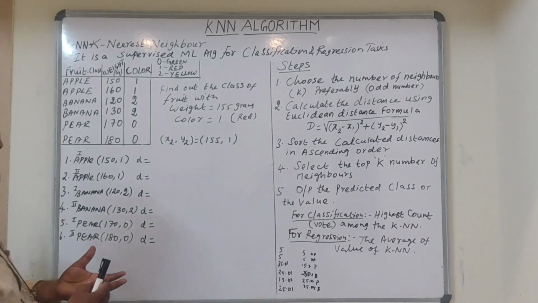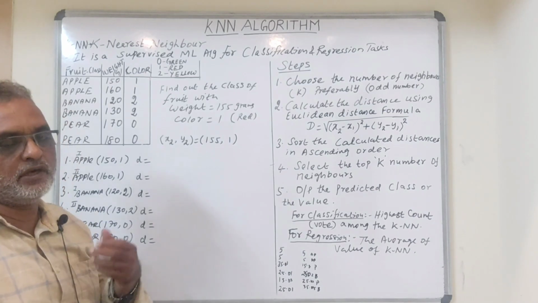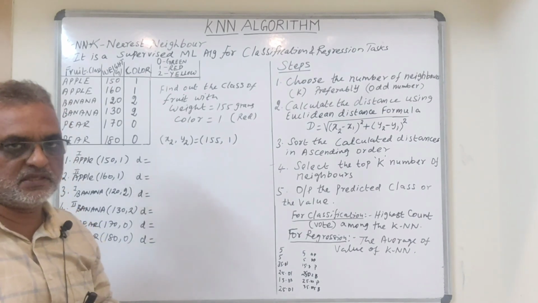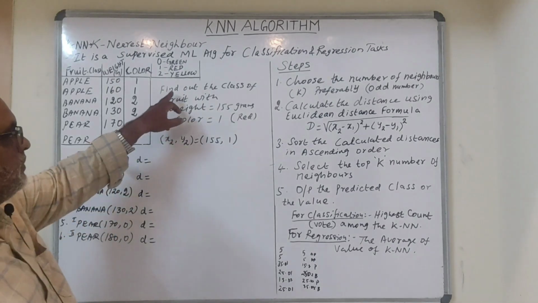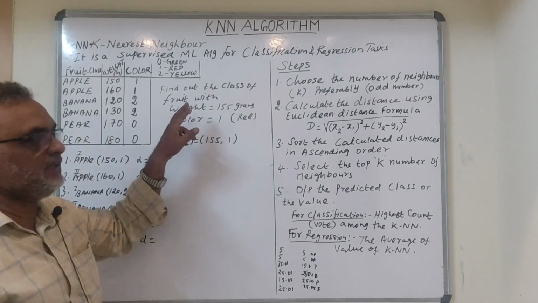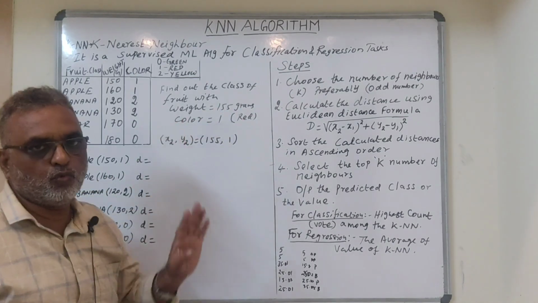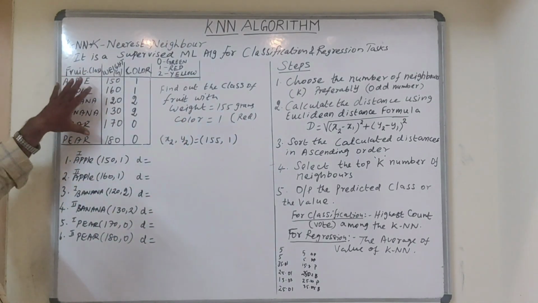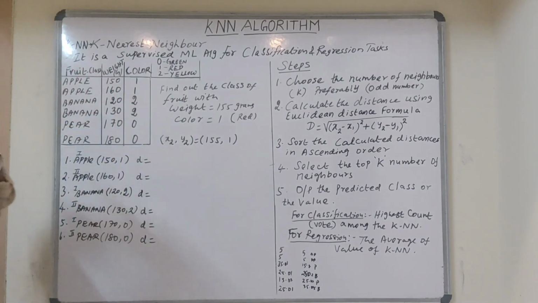So depending upon the weight and color, we have to find out what type of fruit it is. What is the classification of the fruit? The problem is we have to find out the class of fruit with the given weight, that is weight equal to 155 grams and color equal to 1. So here we have the data set with 6 data points.